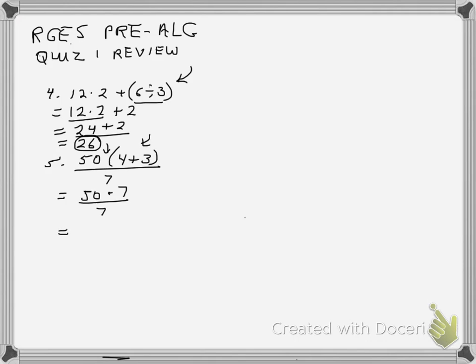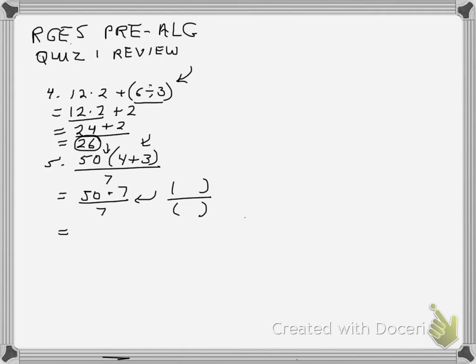Now we have a choice here. This does represent that we want to do everything above and everything below and then divide.